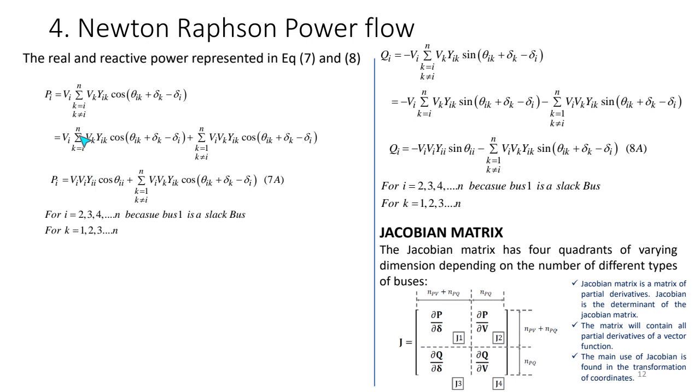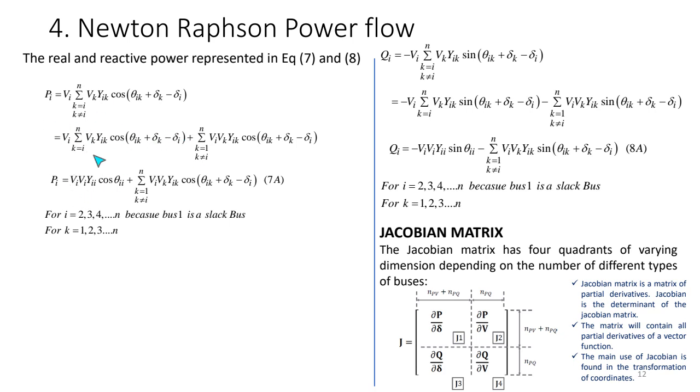Then I'm applying k equal to i. When I apply k equal to i, Vk becomes Vi and Yik becomes Yii, and here the cos of theta ik becomes cos of theta ii plus delta i minus this delta i, as it is. So plus delta i and minus delta i cancel each other.